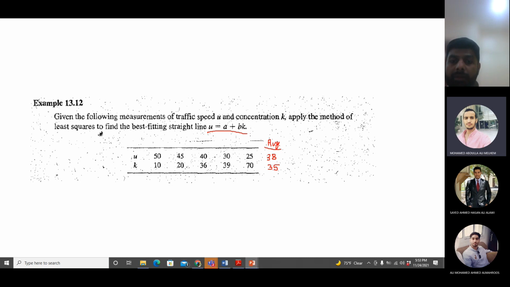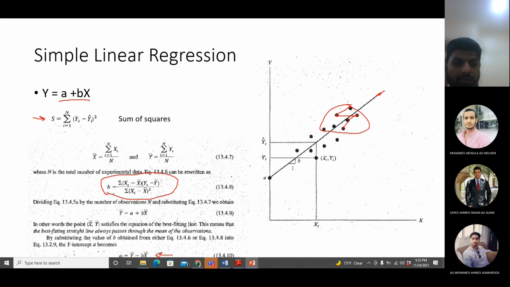Now I will calculate b using these values. So the equation of b is this one. So I need to do these summations.